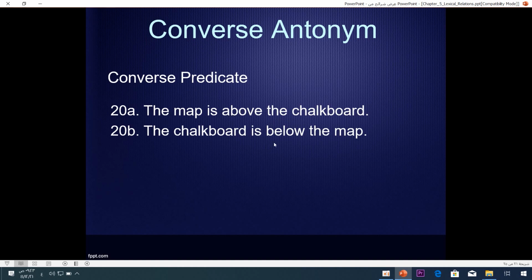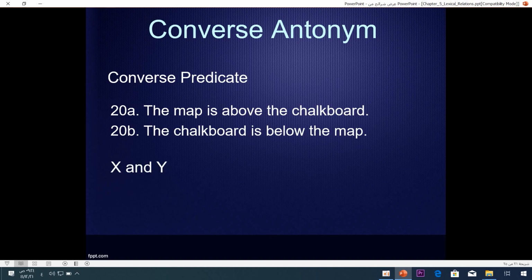Another example: the lamp is above the desk. So we can say the desk is below the lamp. Ahmed is sitting next to the window. The window is next to Ahmed.